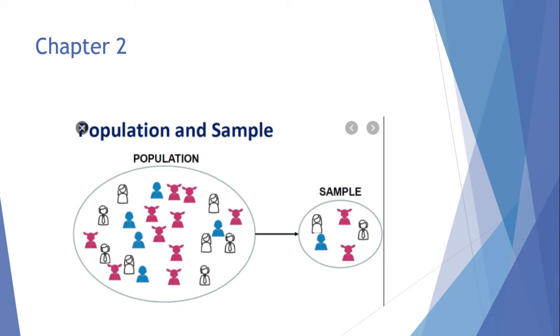Say, for example, it could be all current ISU students, undergraduate students, or graduate students, or both, right? It's up to the researcher. We have this boundary here with this oval shape, right? Where that line gets drawn, that's up to the researcher to decide.